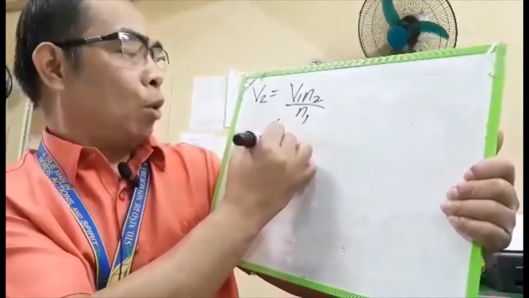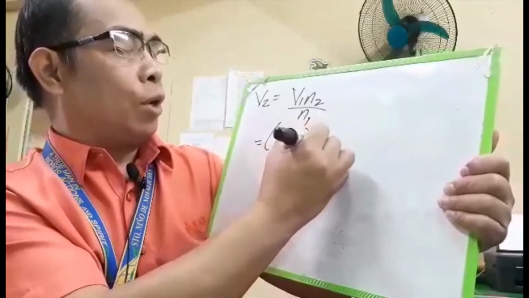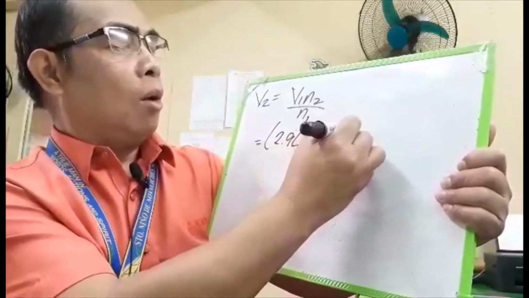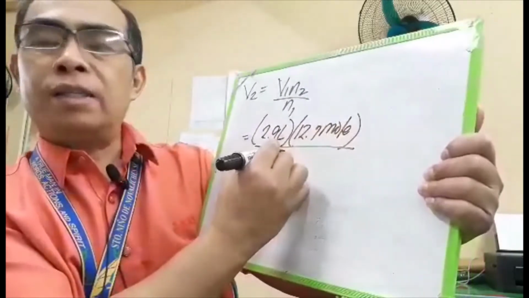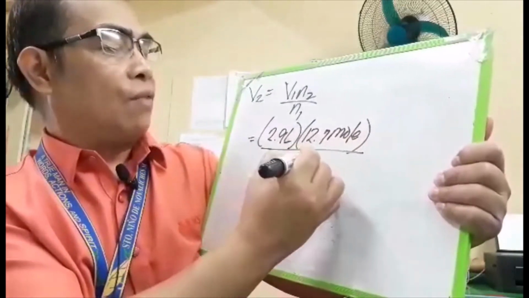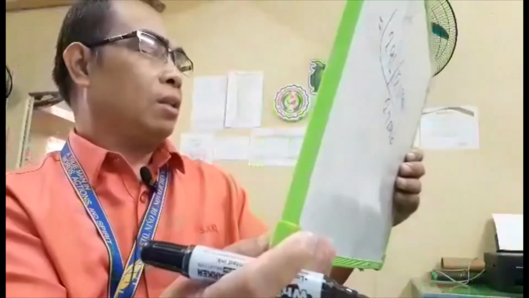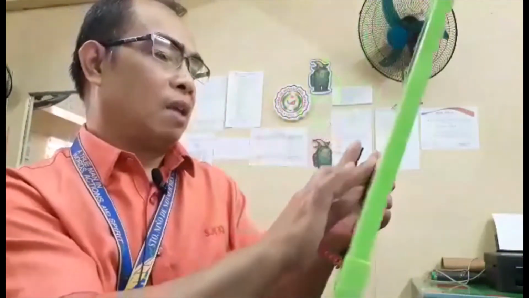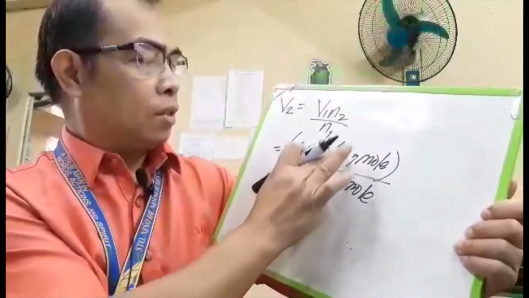V1 is 2.9 liters, N2 which is 12.7 mole, over our N1 which is 2.7 mole. 2.7, this is 7 lang pala, 7.7. Okay, 7.7.